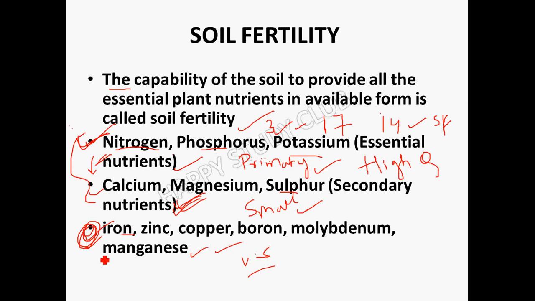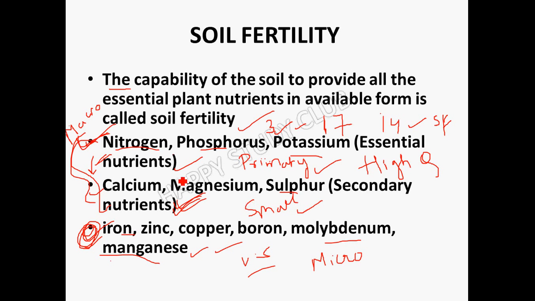So these nutrients, iron, zinc, copper, boron, molybdenum and manganese, are known as micronutrients, whereas both primary and secondary nutrients are known as macronutrients, because macronutrients are needed by plants in high amount, and micronutrients are needed by plants in small quantity.